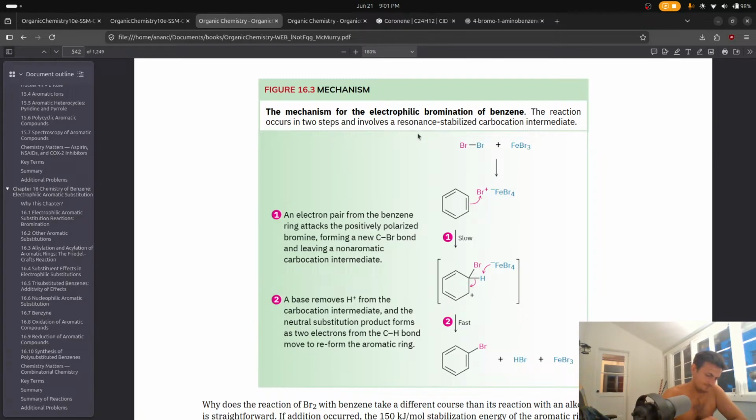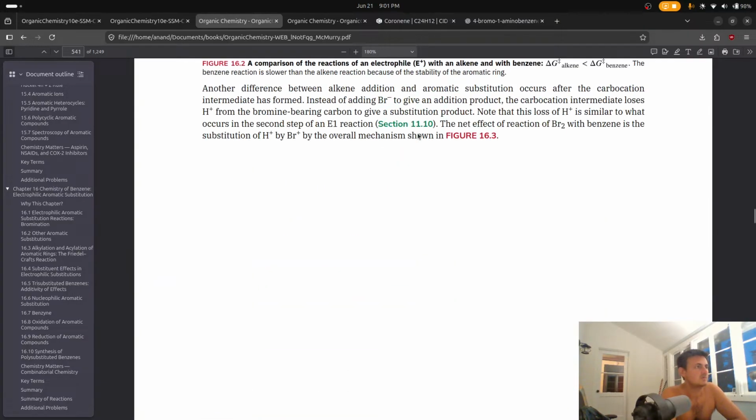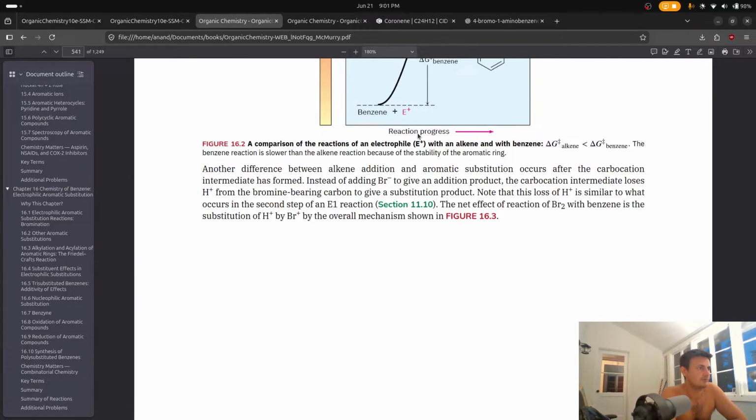I see, okay. It's important to see that the iron catalyst really acts as a catalyst and isn't consumed or anything.